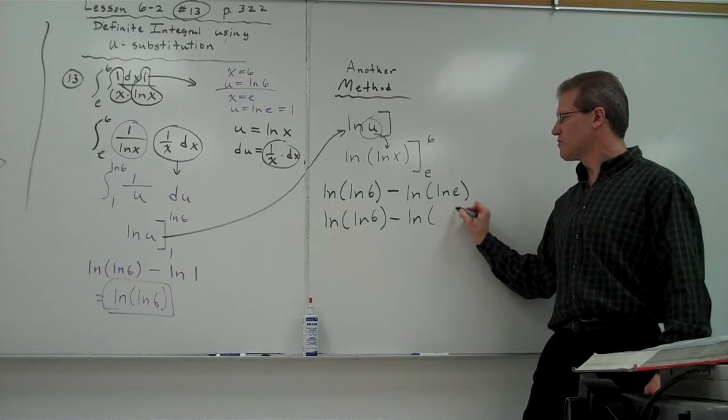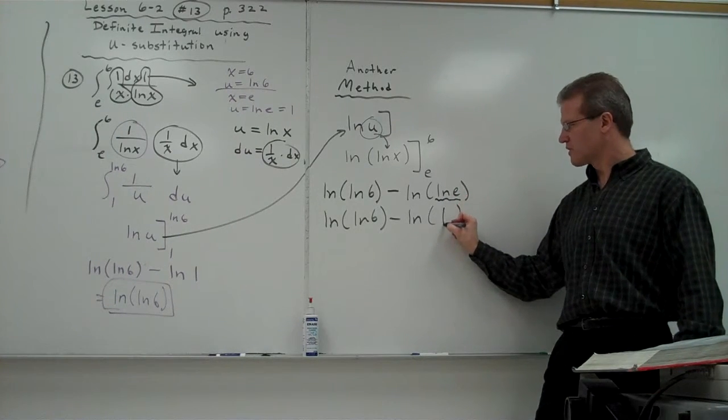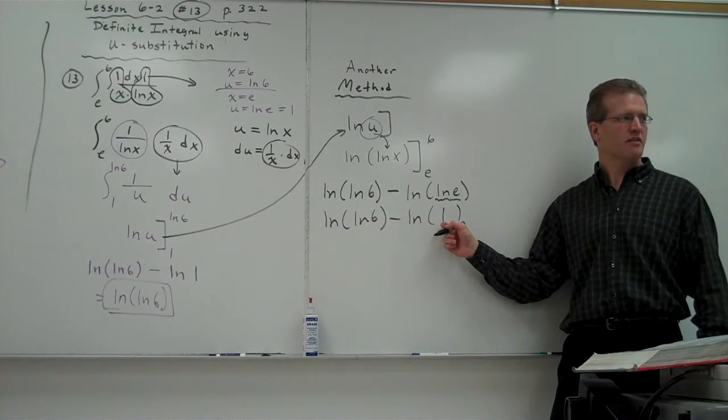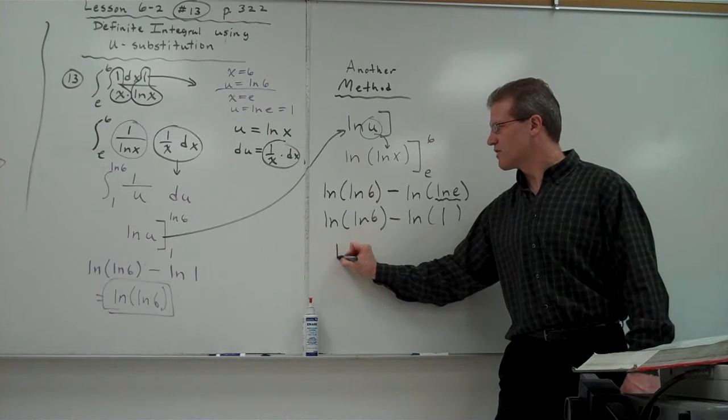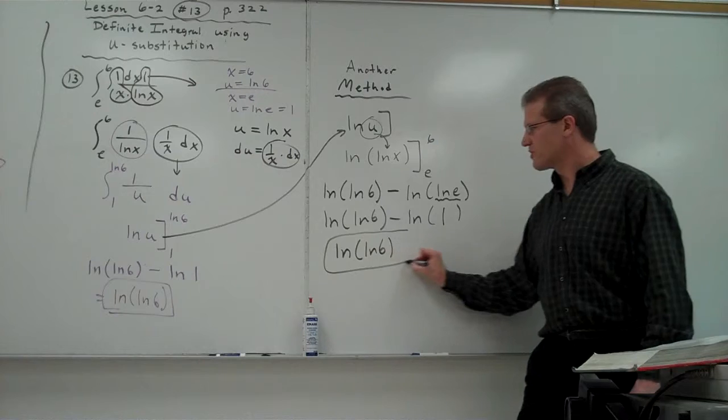What's the natural log of e equal? Equal to 1. Because you're thinking e to what power gives me e to the first power. And the natural log of 1 equals what? 0. So you're going to have natural log of the natural log of 6 minus 0. So again, your answer is natural log of the natural log of 6.